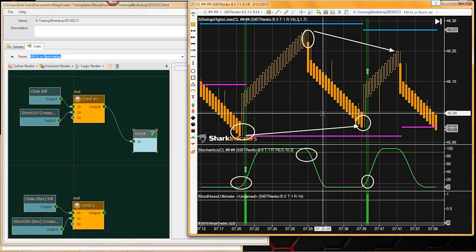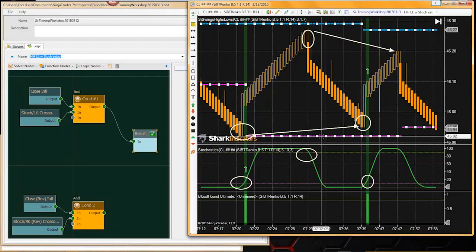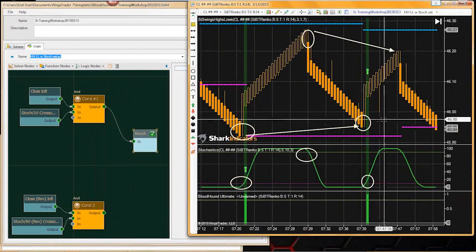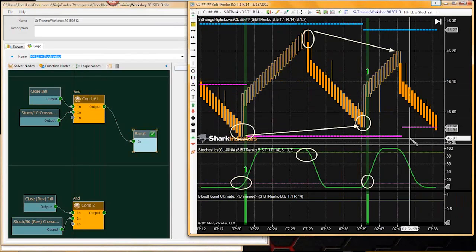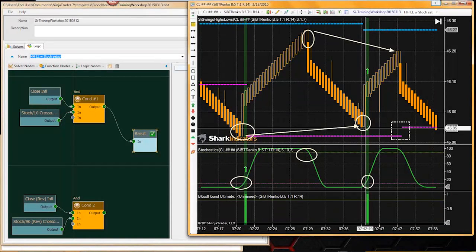Because my swing highs-lows indicator, because I set the strength up to 7, what's happening when I do that is the indicator is actually detecting this high or low much later. So much later than I want.